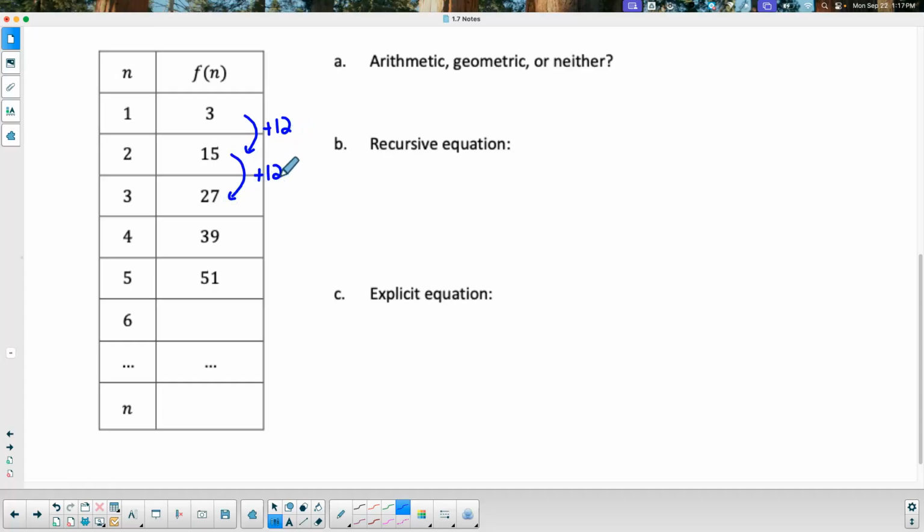Is it? Yep. Then this next gap here would have to be plus 12. Is it? Yep. Then this next gap here would have to be plus 12. Is it? Yes. So that means that we're adding 12 every single time, right? Is that arithmetic, geometric, or neither? That's arithmetic. So right off the start, this one is arithmetic.